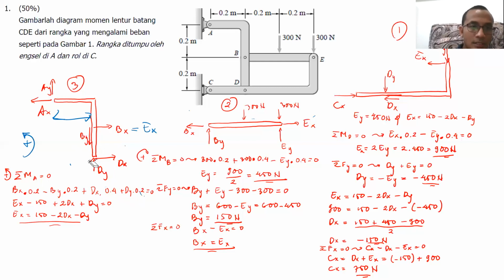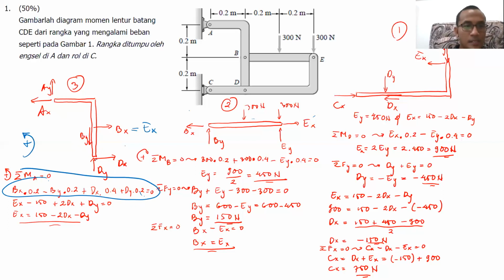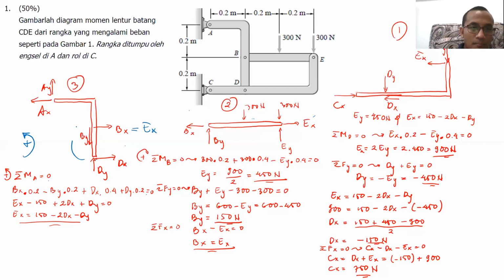So the equation that I got will be like this, like what I wrote here. Okay. Px multiplied by 0.2 minus Py multiplied by 0.2 plus Dx multiplied by 0.4 plus Dy multiplied by 0.2 equal to 0. Okay. By knowing that Py we already know the value, 150 Newton.